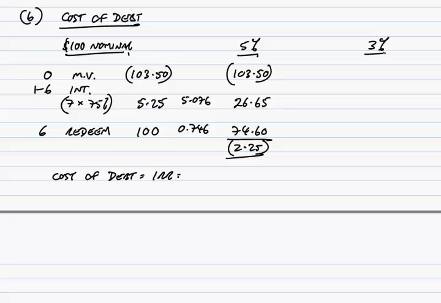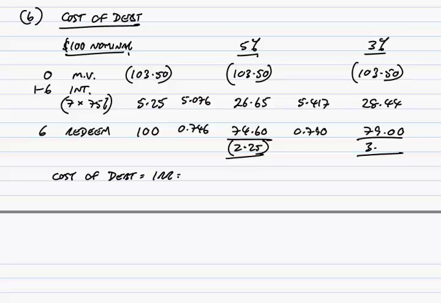I'll make a second guess at 3%, but remember any two guesses will do. But at 3%, 103.5. 6-year annuity at 3% is 5.417. The ordinary factor, 6 years at 3%, 0.790. $28.44. The net present value at 3%, 3.94.